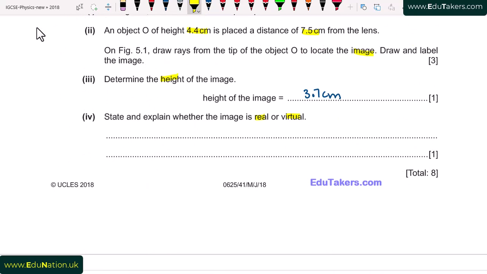Write here real, because it can be projected. So in this way, converging lens forms the real image.